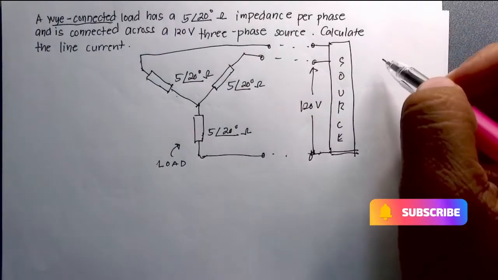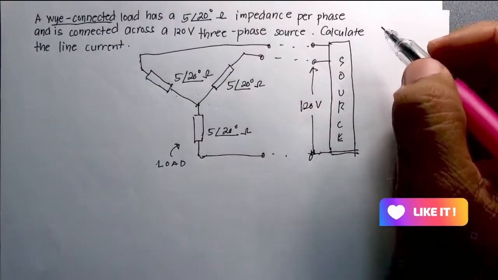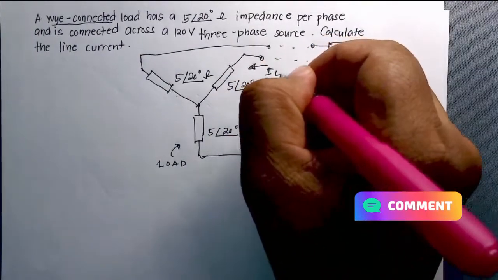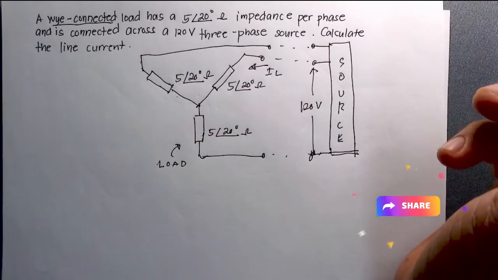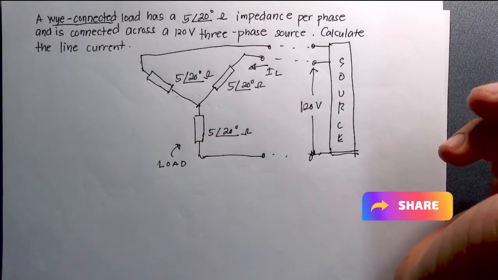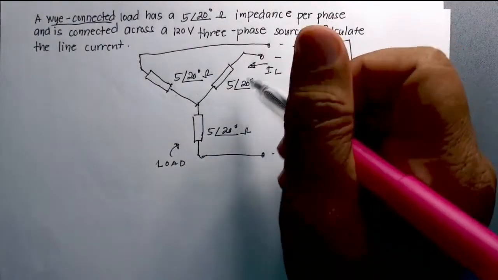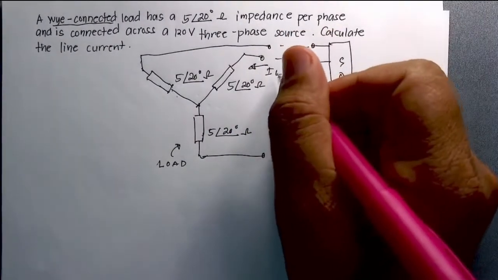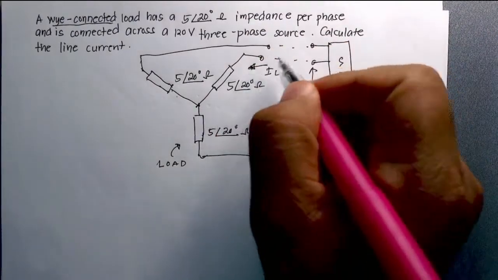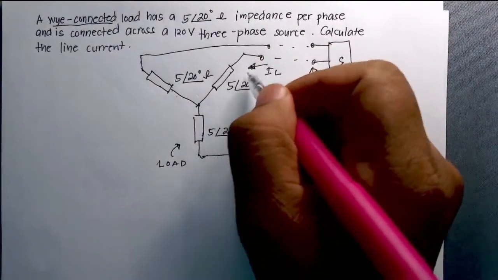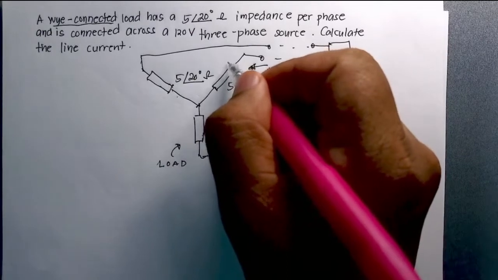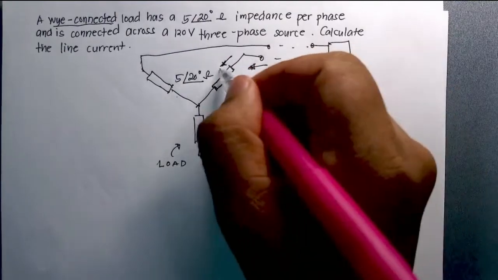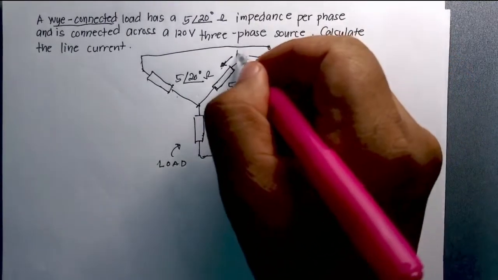Now you are to solve for the line current. So what is the current here? The line current, IL. Okay, so you know that this is a Y connected load, and the line current and the phase current, the current that flows through this impedance, these currents are the same.